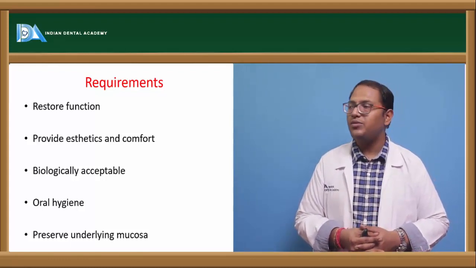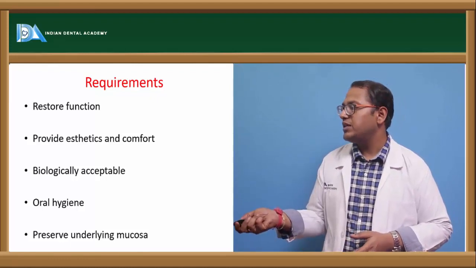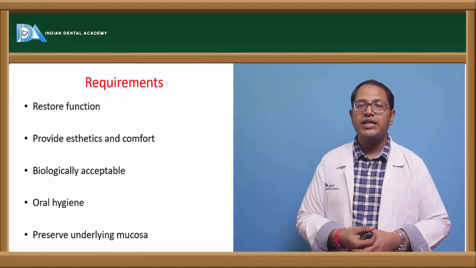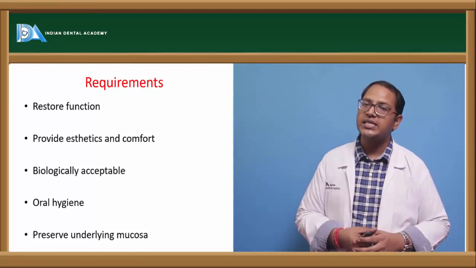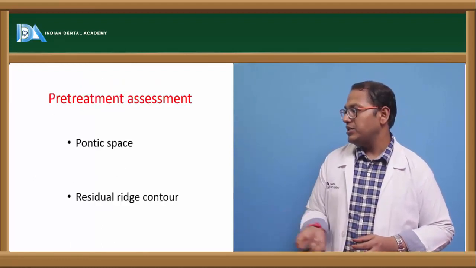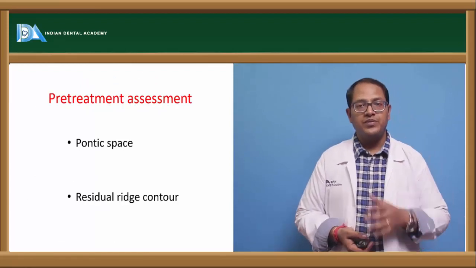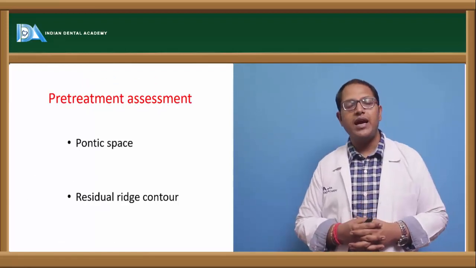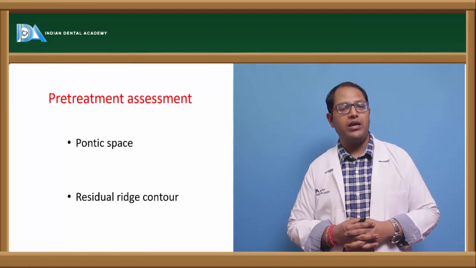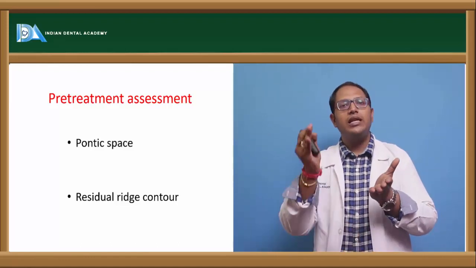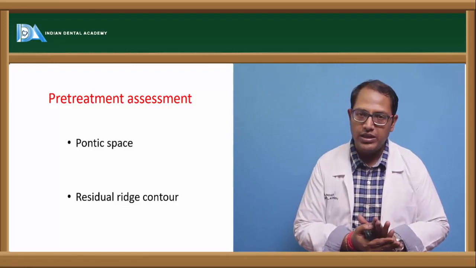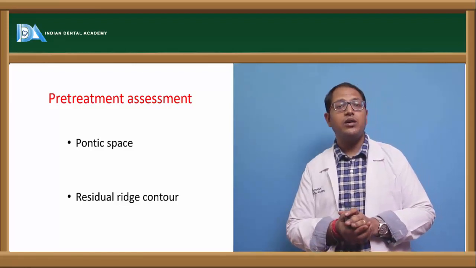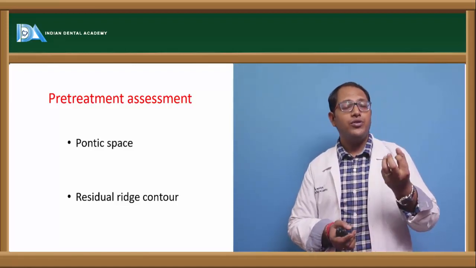So what we need to do is preserve the underlying mucosa by keeping as little contact with the Pontic as possible, as well as a convex Pontic in the lower region. And one more important thing: for the Pontic, when we are giving metal ceramic crowns, do not forget to put a layer of ceramic over the metal surface which is going to come in contact with the mucosa, especially because metal is more abrasive.